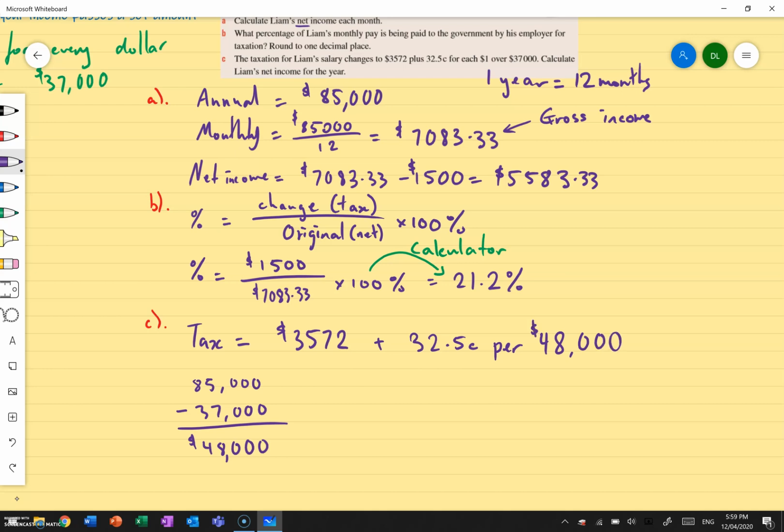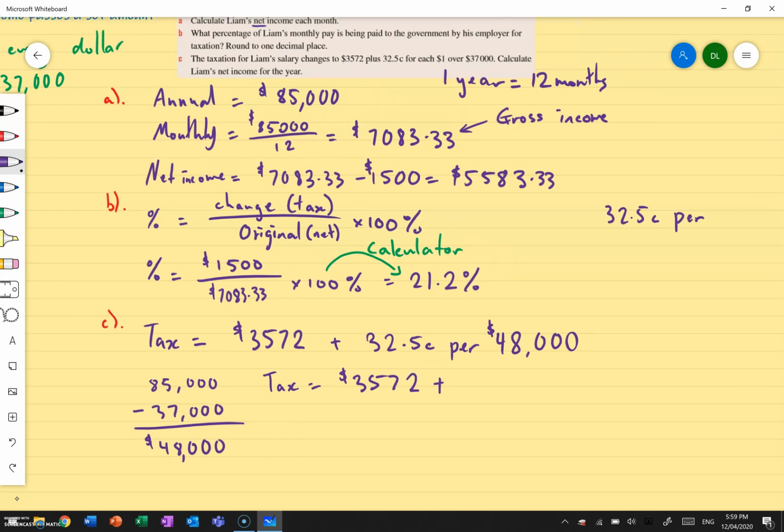Or we can actually rewrite this to make more sense, right? We can say that the tax is equal to 3,572 plus, now 32.5 cents per dollar is the same as 32.5 over 100, right? So we can write 32.5 over 100. Remember, we have to keep it dollars, right?